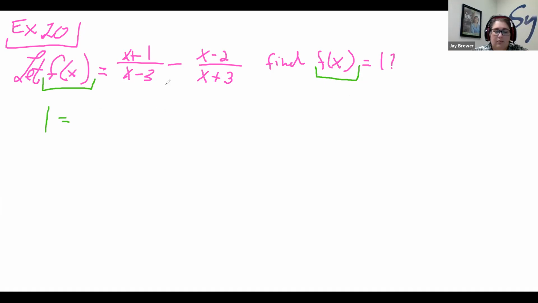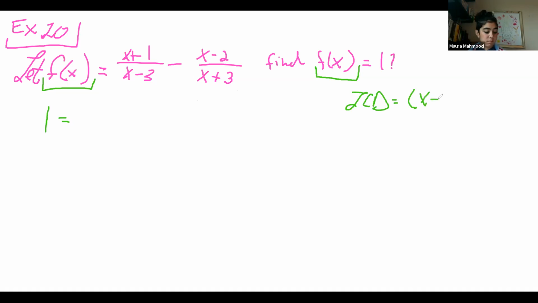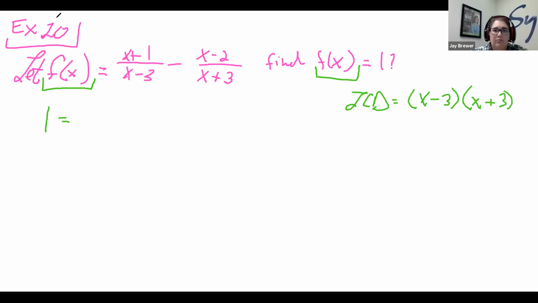Okay. So let's do 2 steps in 1. We put our 1 in. The next thing we want to do, let's find our LCD over here. What can you guys tell me my LCD is going to be? x minus 3, x plus 3. Very good. Now we have to ask ourselves, what is missing?